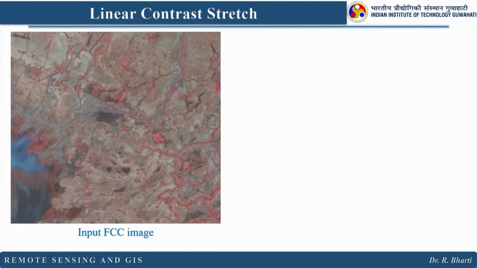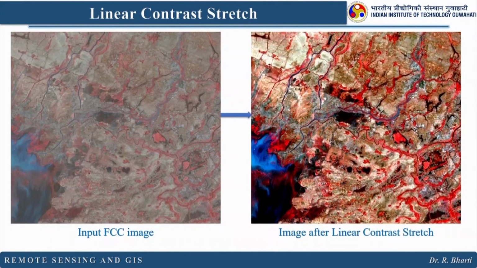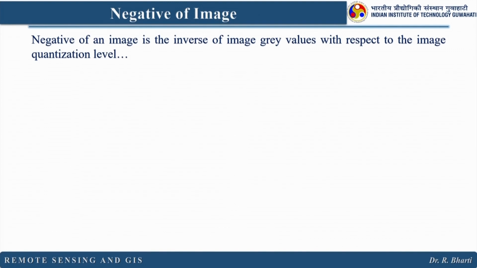This is another example where you have input FCC image and this is the output linearly contrast stretched image, right. So, you can easily see the difference. Now, negative of image. All these are different methods of how we play with these digital numbers. So, negative of an image is basically the inverse of image gray values with respect to the image quantization level.